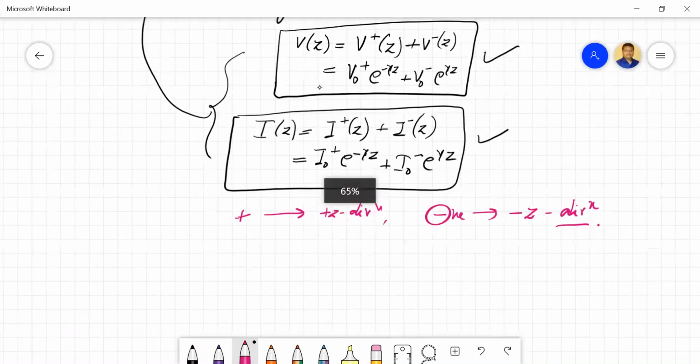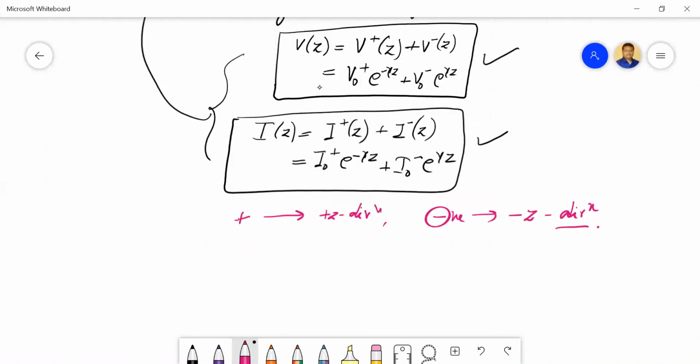Now if you see this solution, it is actually composed of two terms. One is V naught plus e to the power minus gamma z, another is V naught minus e to the power gamma z. One wave is traveling in the plus z direction, another along the minus direction. Similarly for the current wave. It means we have taken care of both transmission as well as reflection.